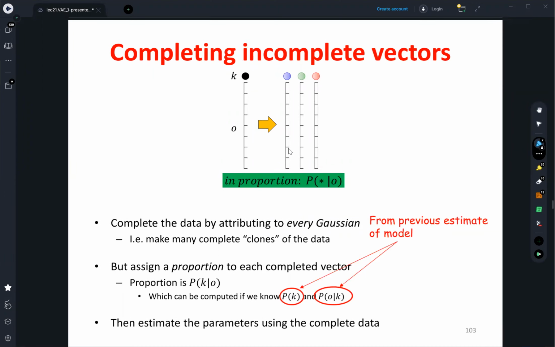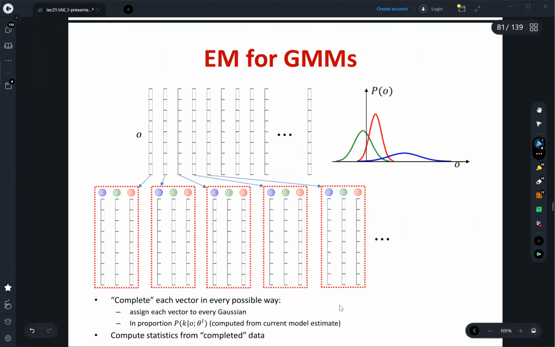And the assignment to the Gaussian was computed according to a posterior, which is P of K given O, which can be computed if you know P of K and P of O given K. These are model parameters, and these are parameters that we got from a previous estimate of the model. And once we have that, every incomplete data vector has now been completed, right?